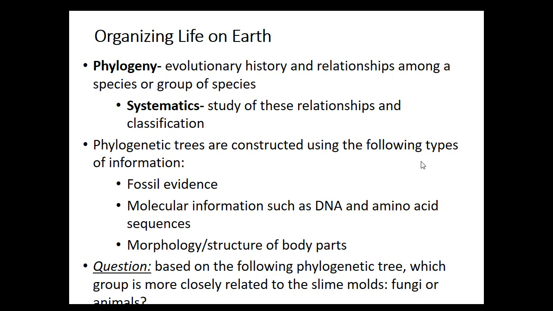And taxonomy, which is classification of organisms into the different groups of families and so on, is based on systematics. All the animals that are in the same family, we put them in that same family because they're closely related to each other through evolution.